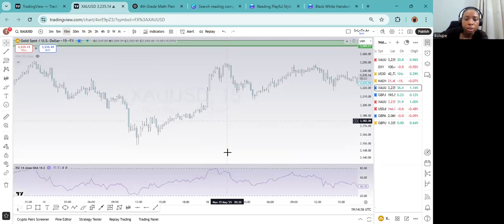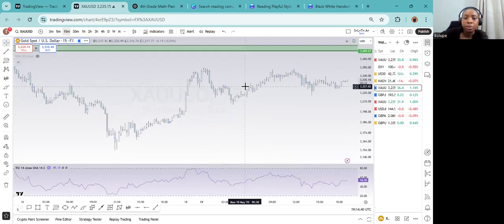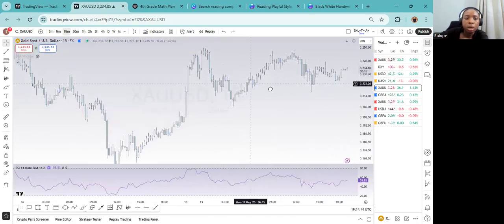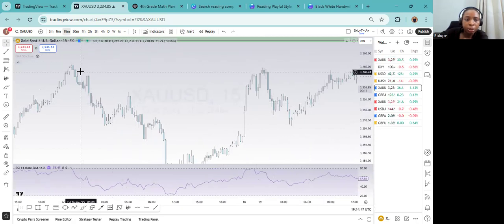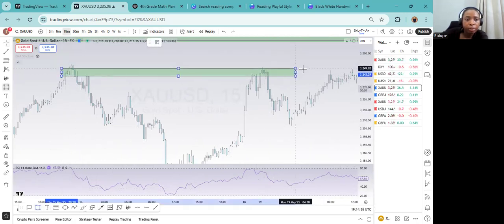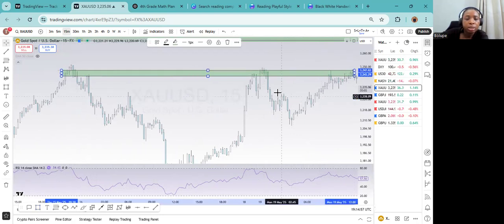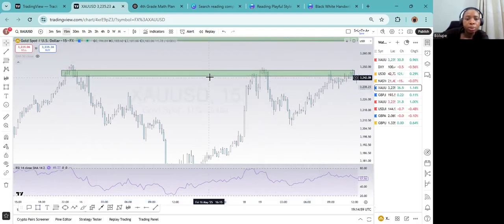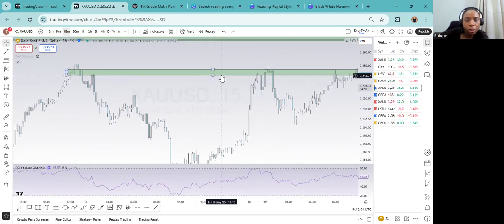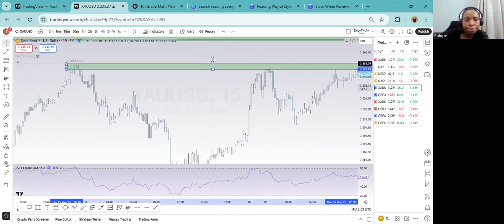This created divergence on the 15 minutes. Obviously, that's minor structure, and it aligned with this area right here. This is a previous zone where price started pulling down from, so you can call it resistance, your supply area, where we have selling pressure.